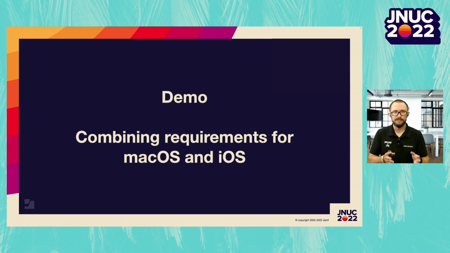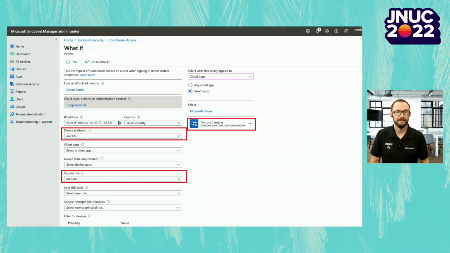So, as with compliance policies, it is good practice to have multiple conditional access policies that combine. This can also make it harder to understand and evaluate exactly what will happen. So let's take a look at an example. Let's use the What If feature that I mentioned previously to evaluate this scenario.